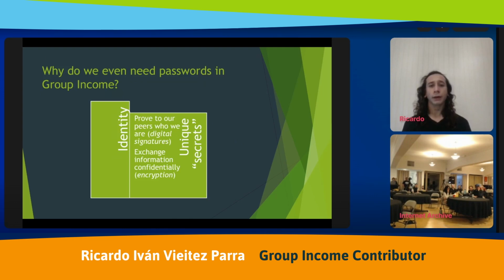And then the other purpose for these unique secrets that are tied to an identity in Group Income is to be able to exchange information confidentially. So the technical term for this is encryption, and what this means is that I'm able to communicate with another peer or within a group, and that only the recipients that I explicitly authorize are able to read the contents of that communication.